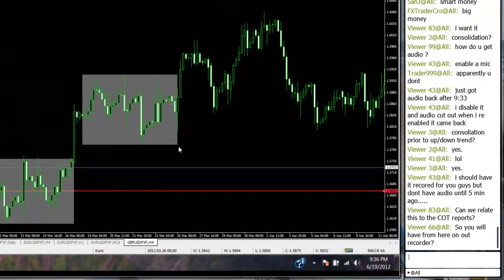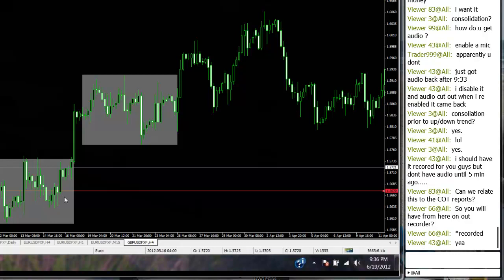You can use the same idea with COT, because that's what's happening. When price is in this range like this, you want to take a look and see what COT is doing. In other words, where are the commercials on the trend? Are they net long in here?